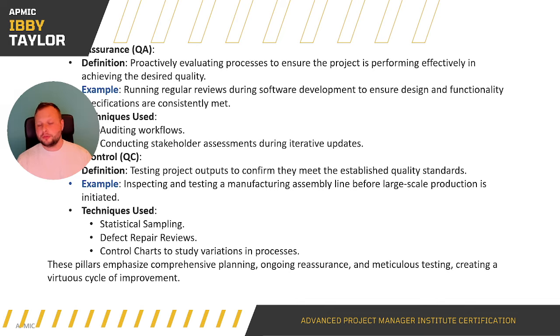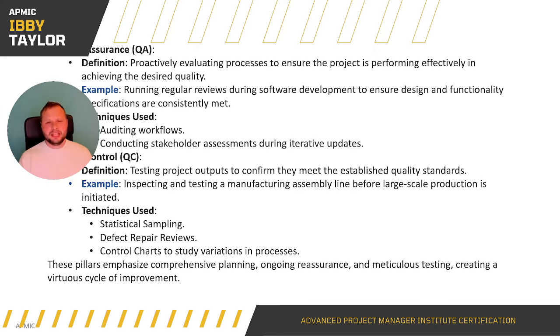Now, quality control is more of a defined output. It is a task at the end of a deliverable. You need to then test and do a physical end-to-end test to confirm and put a stamp of approval on that they meet those certain standards.